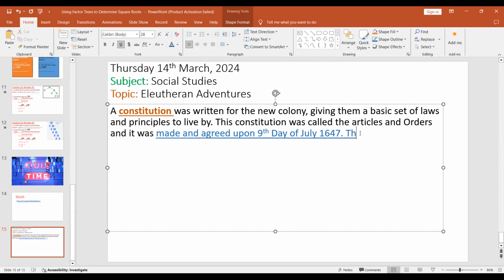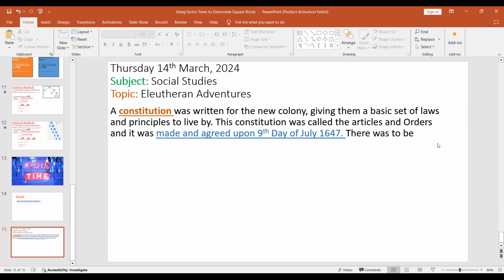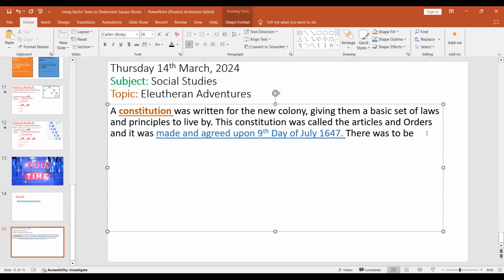So there was to be freedom of religion and equal justice.